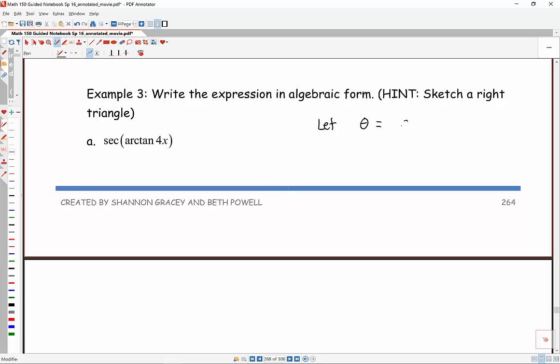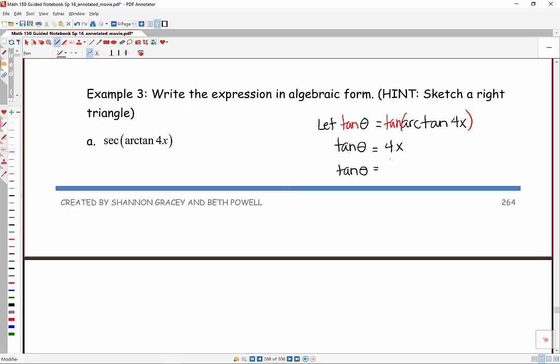Then you evaluate tangent of both sides. On the left side we end up with tangent theta, and on the right side we end up with 4x. So tangent theta, if you write this as a fraction, is 4x over 1.